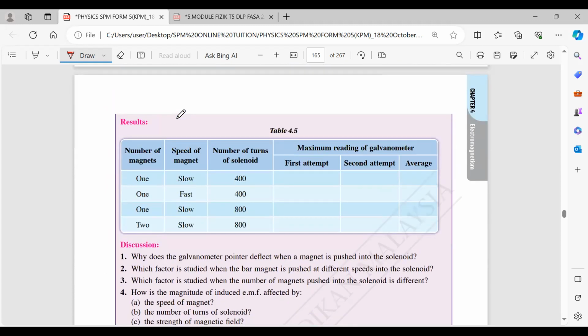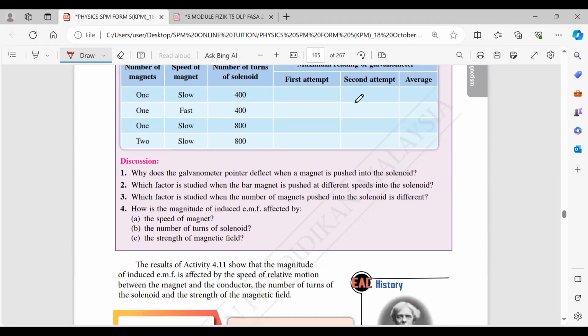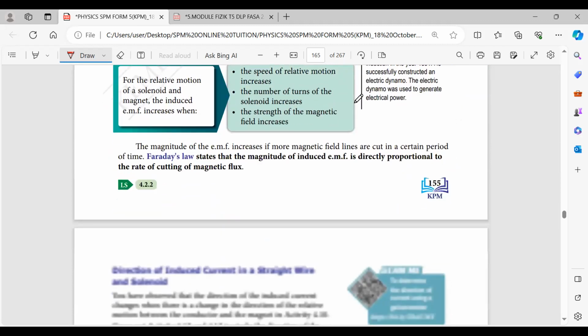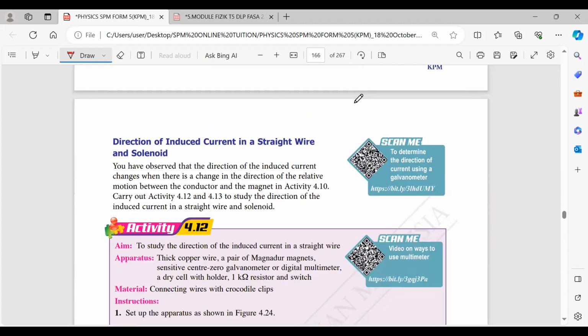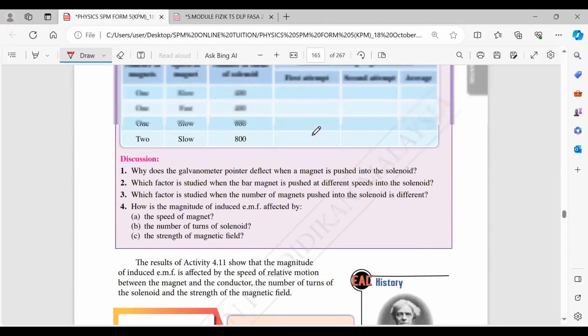So when you do the experiment, you get your data, and based on the data we can make a conclusion. But since we don't do the experiment, we only look into the final conclusion which you can make from the observation.